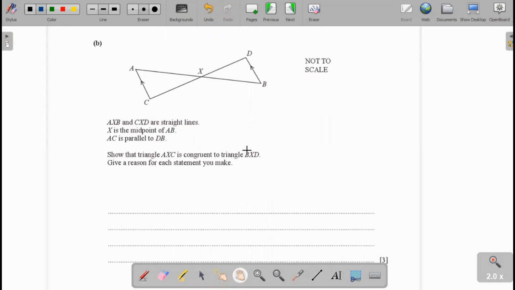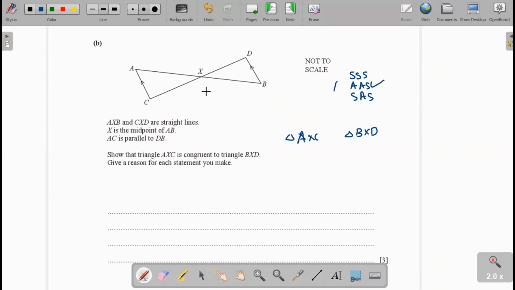Now we see triangle AXC and triangle BXD. We know there are four properties of congruent triangles: SSS, ASA, SAS and so on. Firstly, we check the angles.